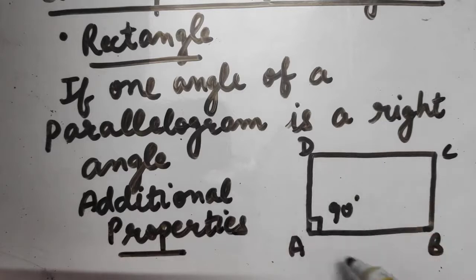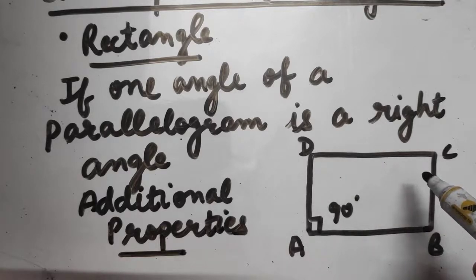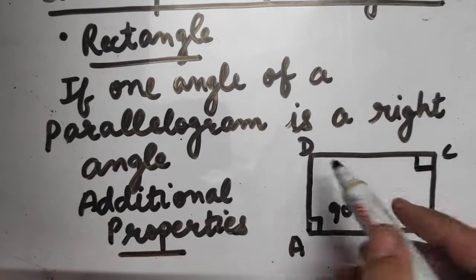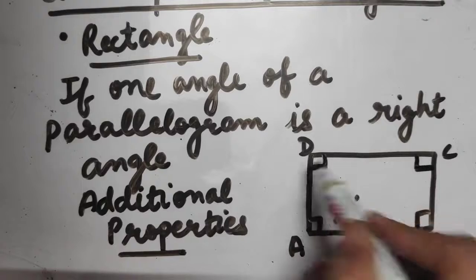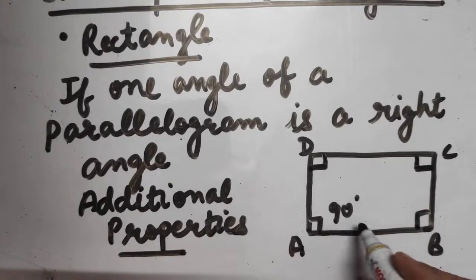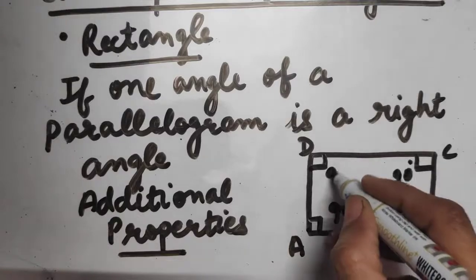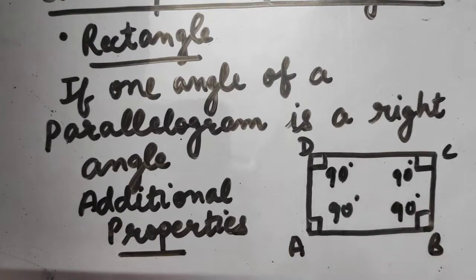All the interior angles of a rectangle are right angles. It means angle A is equal to angle B is equal to angle C is equal to angle D is equal to 90 degrees. So all the angles in a rectangle are of 90 degrees.